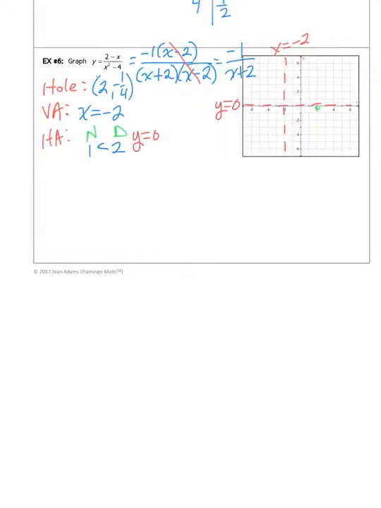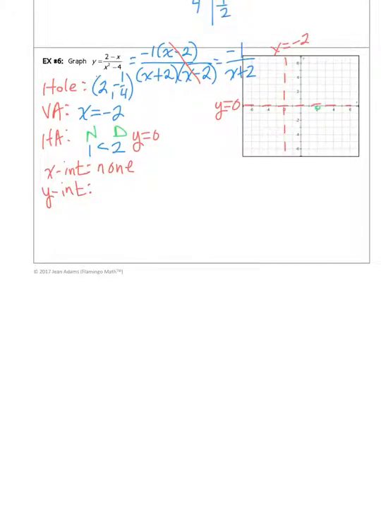Then I need an x and y-intercept. For my x-intercept, because y equals 0 is my horizontal asymptote, I am not going to have an x-intercept. There's no reason to even try, so I know that there's none. For my y-intercept, that's the easier one to find.